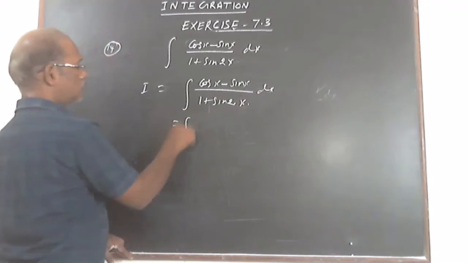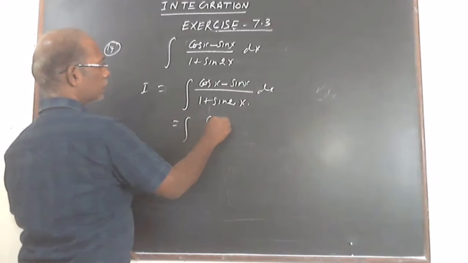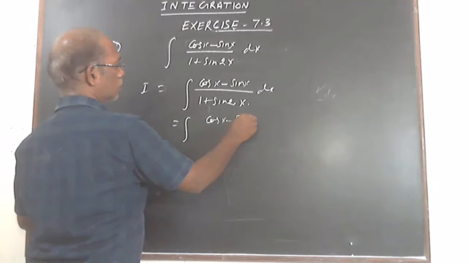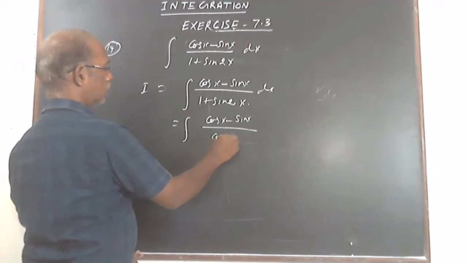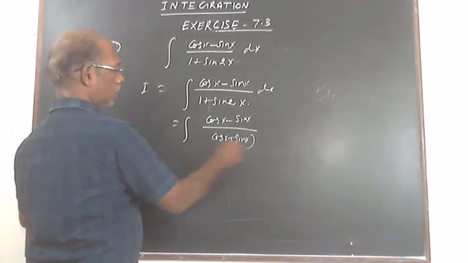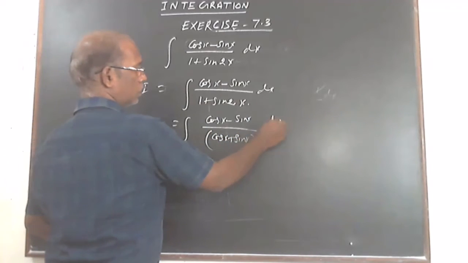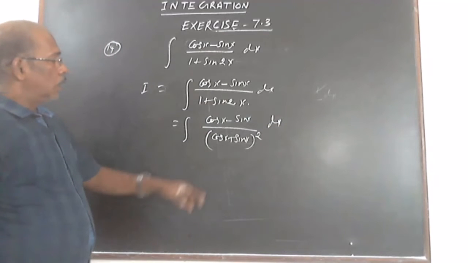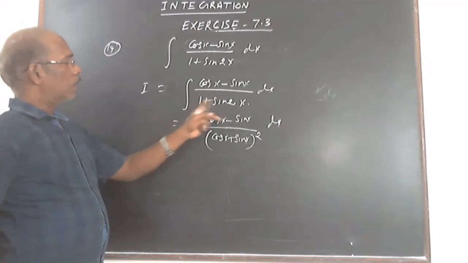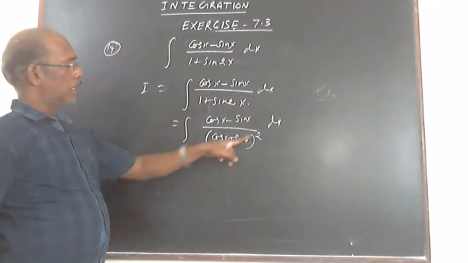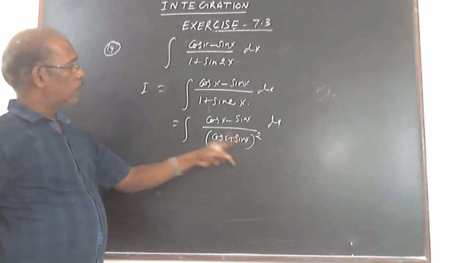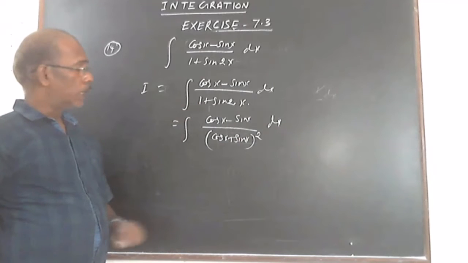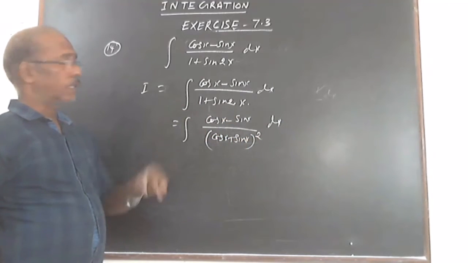Dear student, using an identity, the denominator is (cos x plus sin x) the whole square, correct? We can convert 1 plus sin 2x as (cos x plus sin x) the whole square. Why? The expansion gives cos square x plus sin square x, which is 1, and the next term 2 sin x cos x is sin 2x.